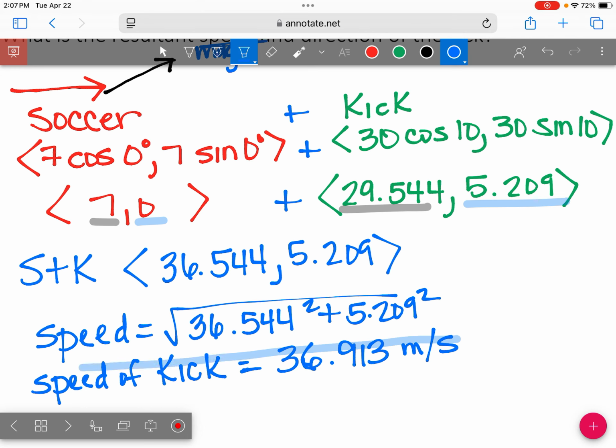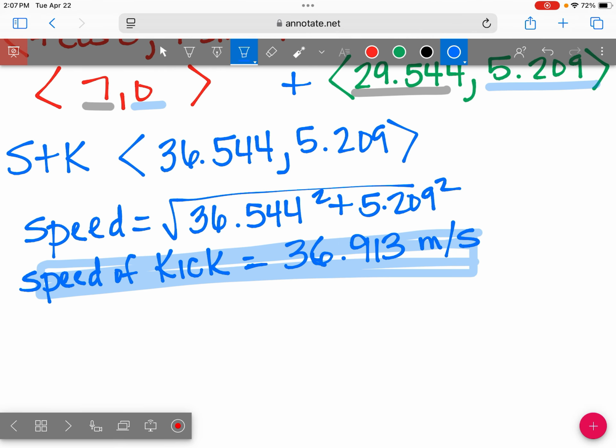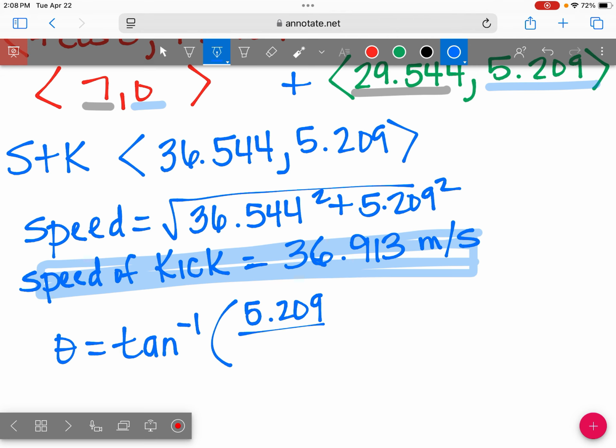And then notice it's asking you for the direction. So we don't need to subtract anything, we just need to find our direction. So theta is going to be the inverse tangent of your vertical component over your horizontal component. Go ahead, type that in.